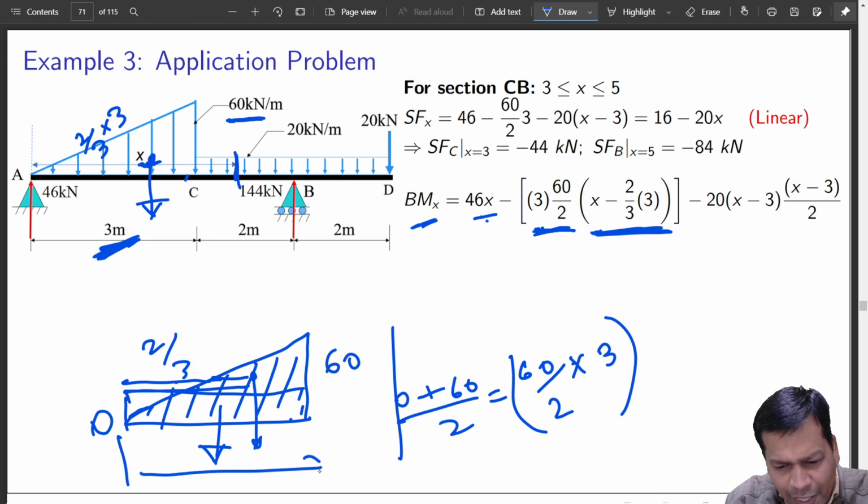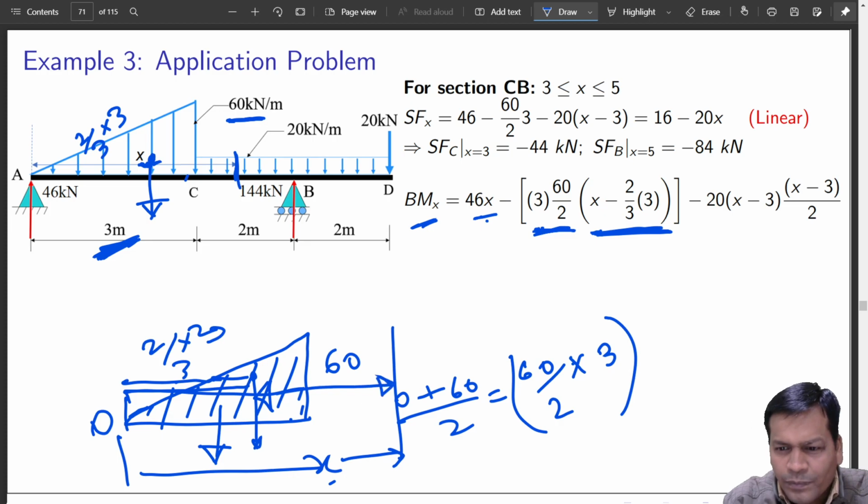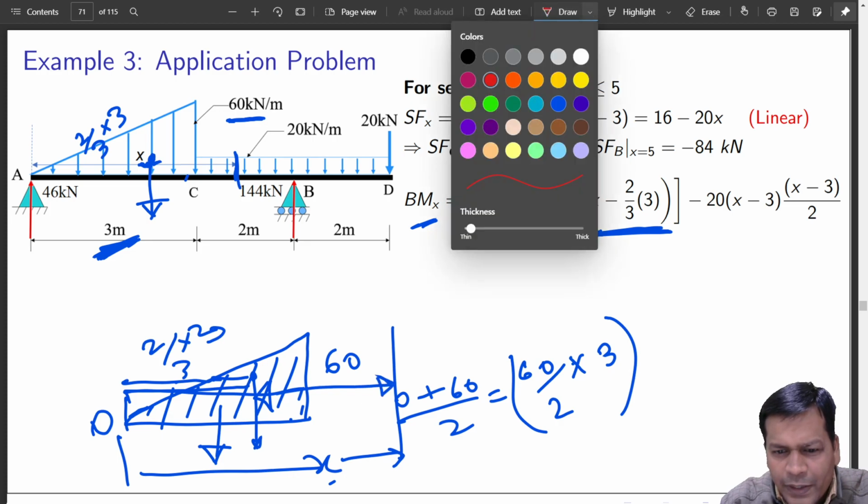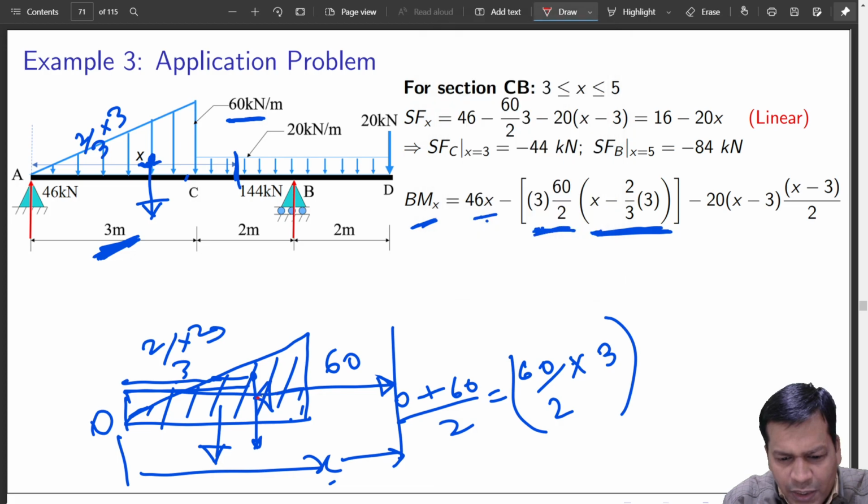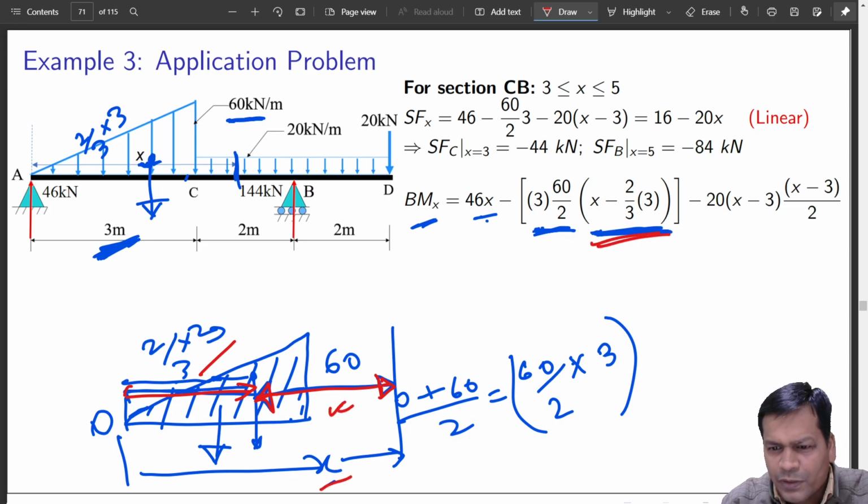If this is x, you subtract 2 by 3 times of 3 from x, you will get the distance from here to here. Got it? So it is this distance, okay? So 2 by 3 of 3 was this. This is your x, so this is exactly this much. Got it?